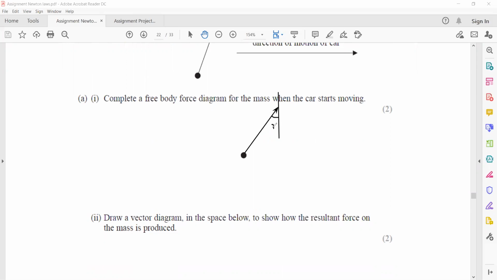So that's making 7 degrees. This is T. Against the angle will be T sin 7, and with the angle will be T cos 7. And the weight is acting down, which equals mg.